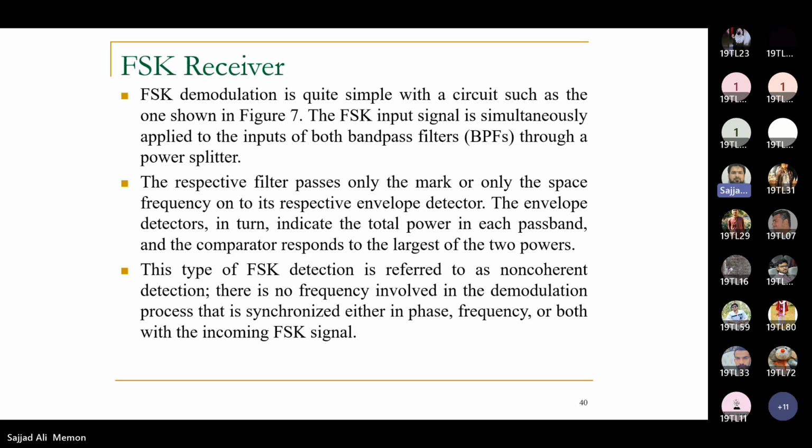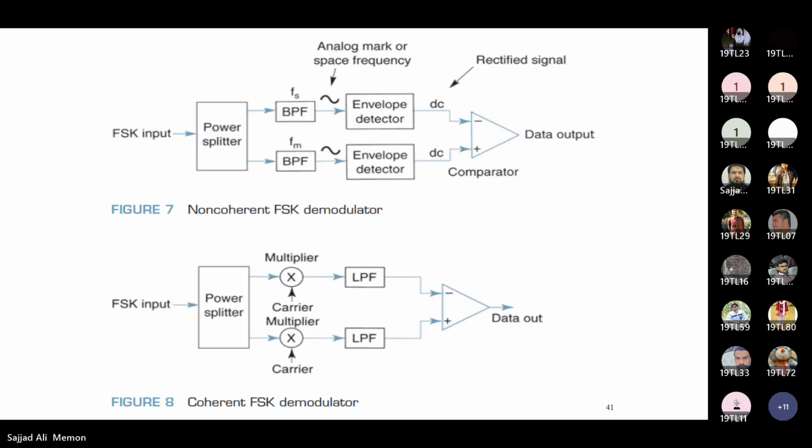and delta F is the peak deviation frequency. The receiver is quite simple, with a circuit such as the one shown in figure 7. So this is your FSK non-coherent demodulator, and this one is the coherent demodulator.